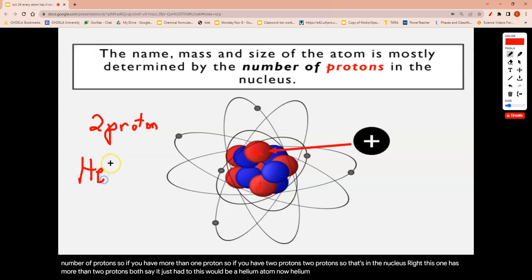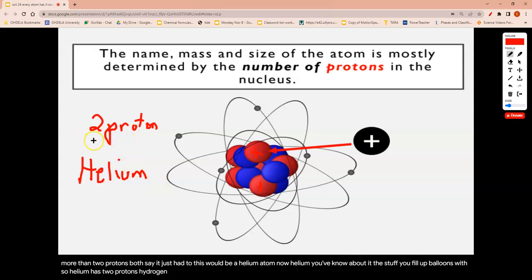Now helium, you know about it, is stuff you fill up balloons with. So helium has two protons. Hydrogen only has one. Helium has two. And there are over 100 elements.